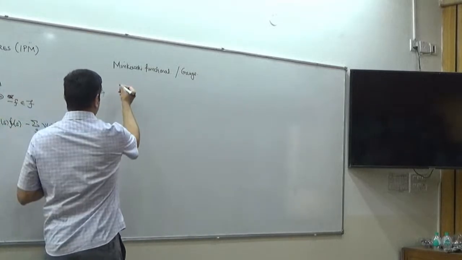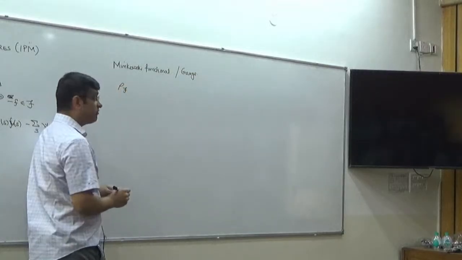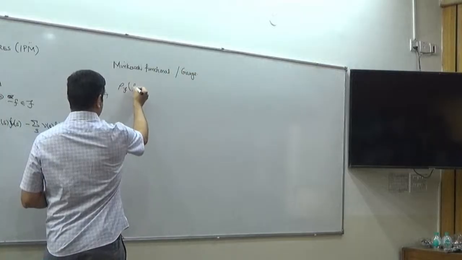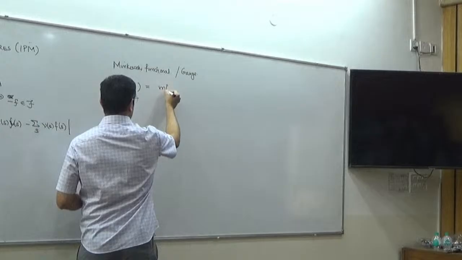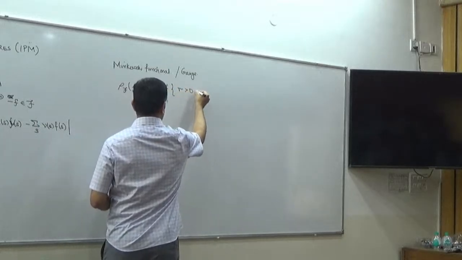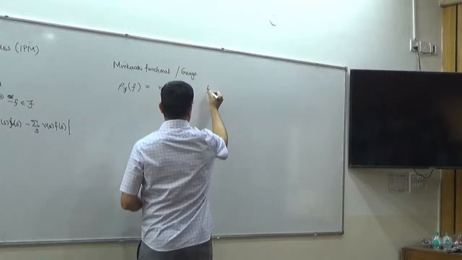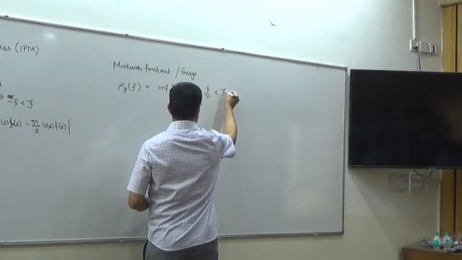I'll say the Minkowski functional with respect to a function class F of a function little f is equal to the infimum over all real numbers r greater than 0, such that f divided by r belongs to the function class.